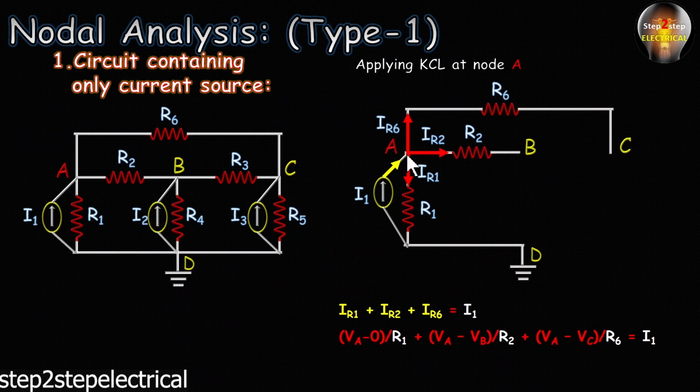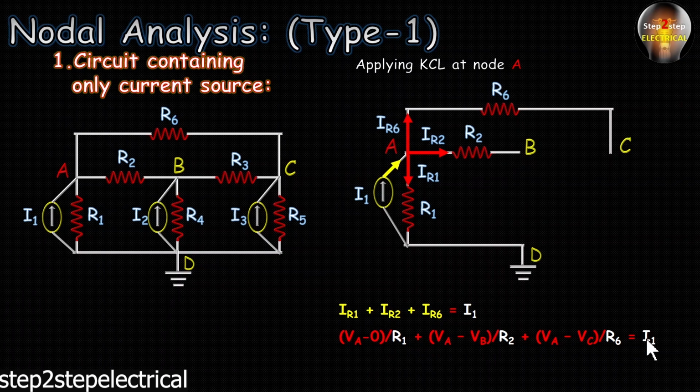The current is leaving the junction, so VA is at the highest potential, which is why it is written as VA minus 0 upon R1. Similarly, IR2 is VA minus VB upon R2, because node A is at high potential and node B at low potential, so the current IR2 moves from A to B. Similarly, for IR6 we write VA minus VC upon R6.